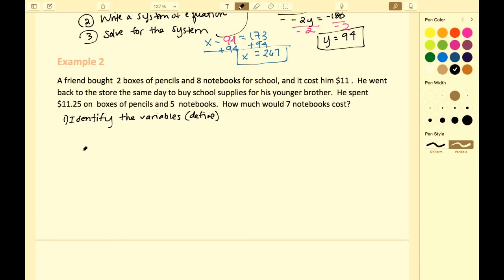Okay, so in this case, we're going to let x represent the cost of a box of pencils, and let y represent the cost of a notebook.